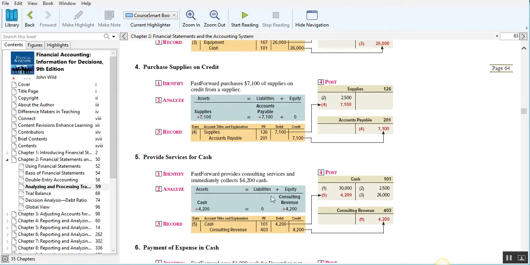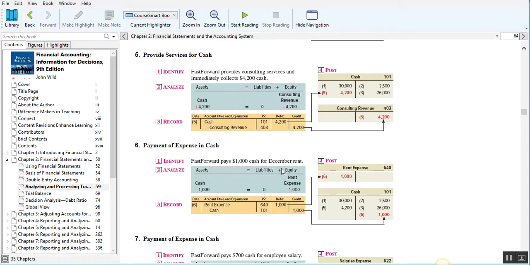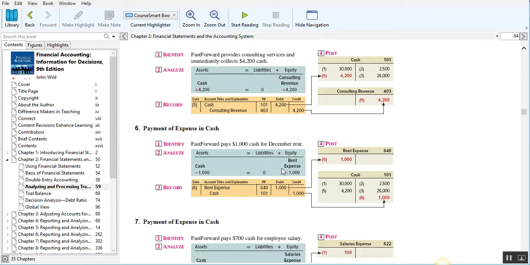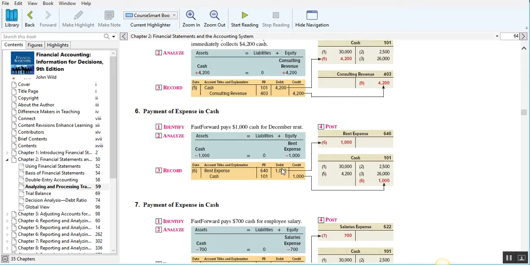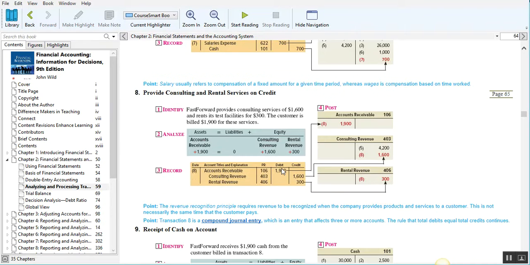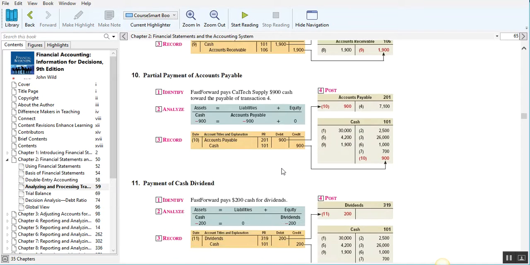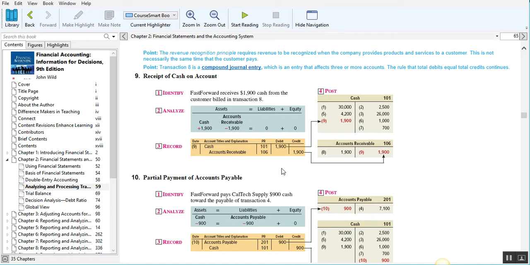Purchase supplies on credit or services, or provide services for cash. All of these transactions, maybe not every single one, but a lot of these transactions are going to be pretty routine, and you will start seeing them repeat throughout an accounting period.